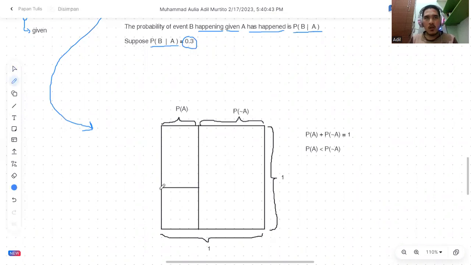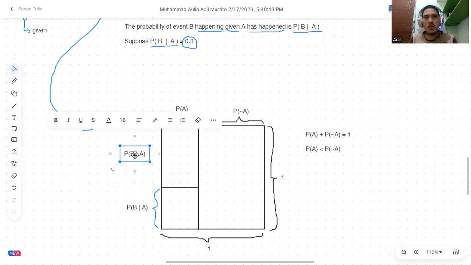Here is P(B given A), and here is P(negation B given A).